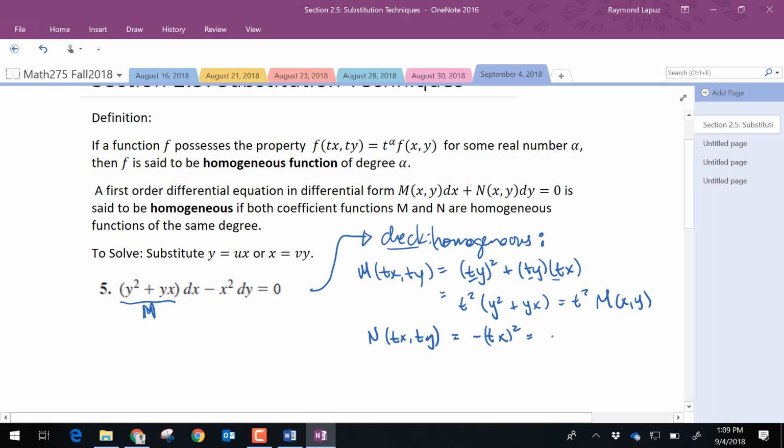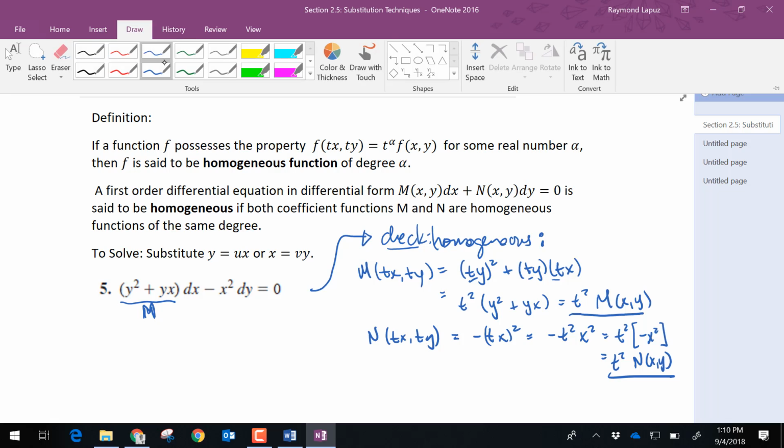So there's a minus t squared x squared, or if we really want to get technical about that, we get t squared times negative x squared, which is what N of x, y is equal to. So they match the powers. So this is homogeneous of the same degree, which means now we can do an appropriate substitution.